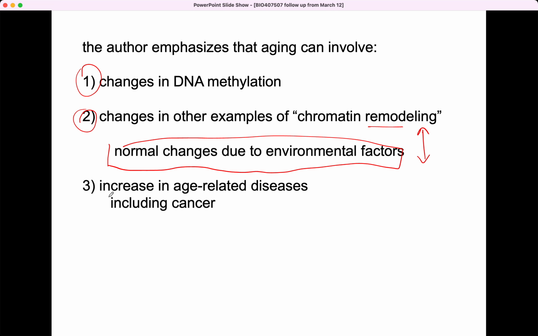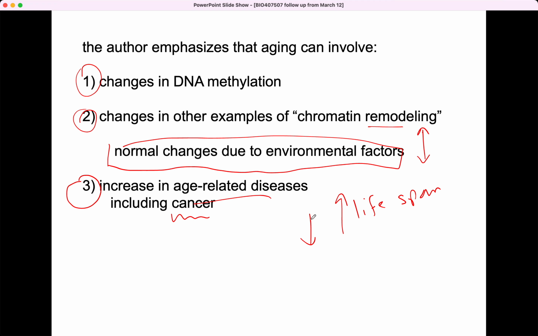And then the next thing is the authors want to bring in cancer as an age-related disease. And again, the lifespan increase is going to decrease age-related diseases. So that becomes relevant in this story of lifespan.